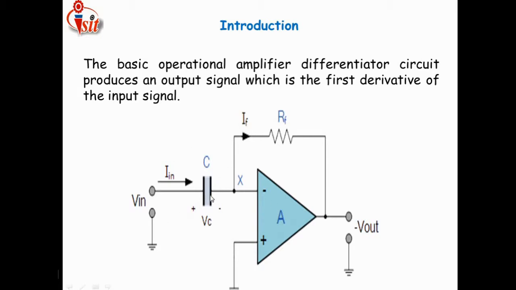Just see here, in series connection a capacitor is connected, named C, and the input current flowing through that capacitor is represented by the letter Iin. That means Iin current is flowing towards the capacitor, towards the op-amp, and whatever output we are getting here is nothing but the first order derivative of the input signal.